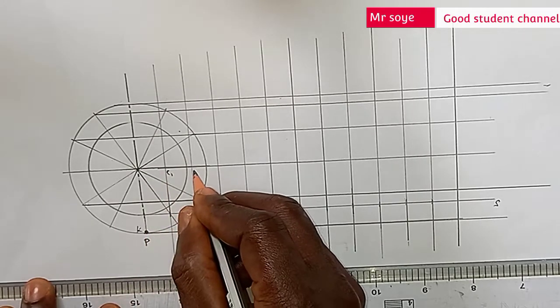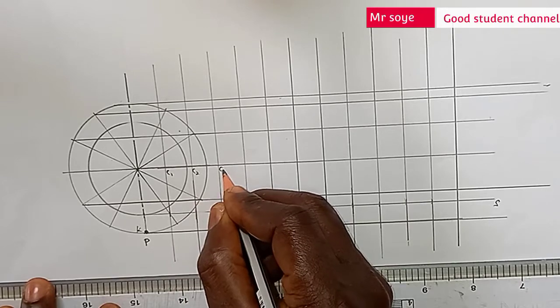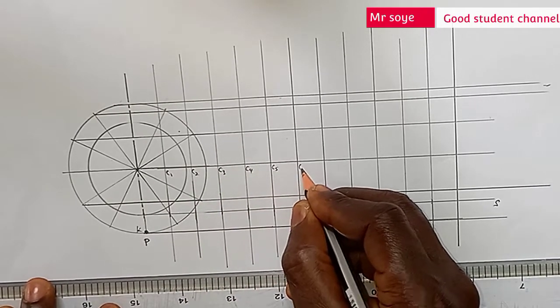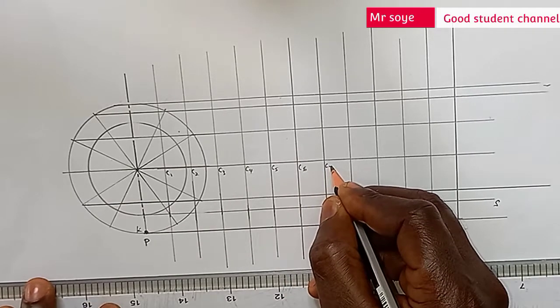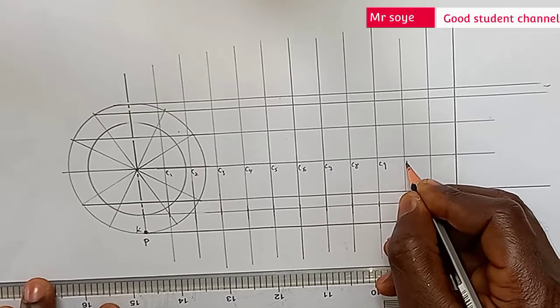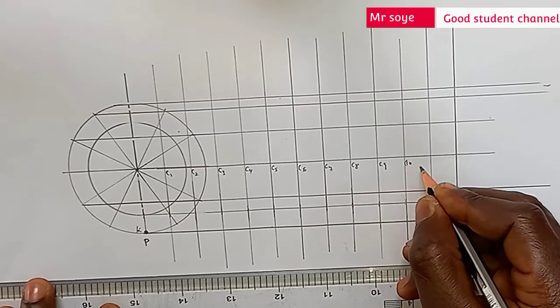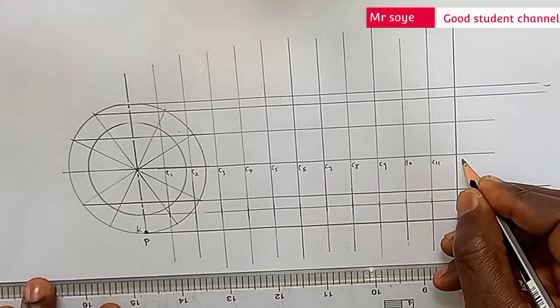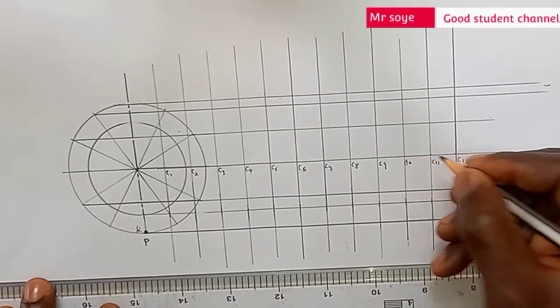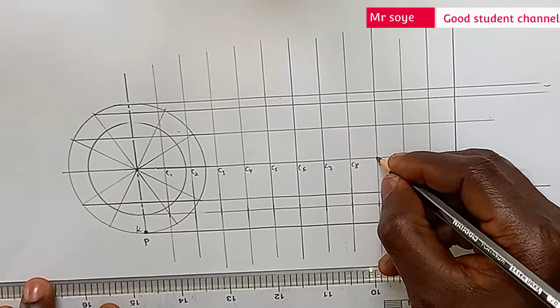That is center 1, center 2, center 3, center 4, center 5, center 6, center 7, center 8, center 9, 10, center 11, and center 12. I mean these points, this part, yeah.